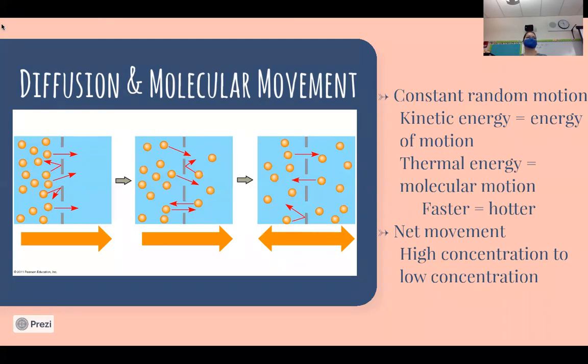But it's the net movement, the overall movement that we're talking about when we say high to low concentration, because each individual particle is going in completely random directions. Each particle is just kind of bouncing off whatever's near it.